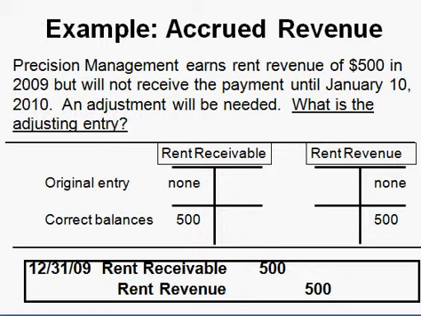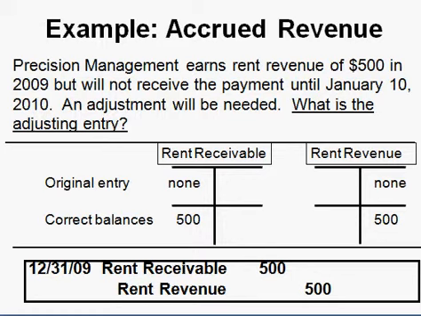And the credit would be rent revenue. Rent receivable is an asset and appears on your balance sheet. Rent revenue is an income statement account. So therefore, you have one balance sheet, one income statement account. Okay, so if you look at the accounting equation, assets equal liabilities plus stockholders' equity, you've got your assets increasing by $500, and you've got your stockholders' equity increasing by $500.